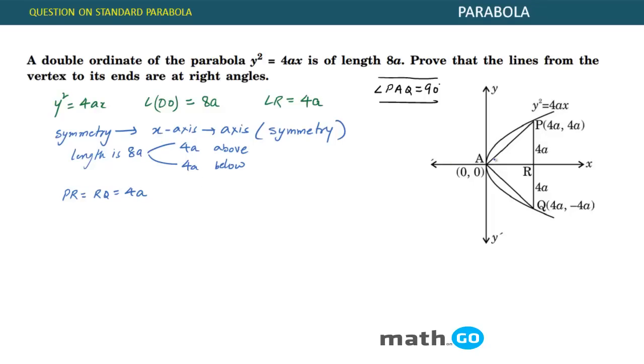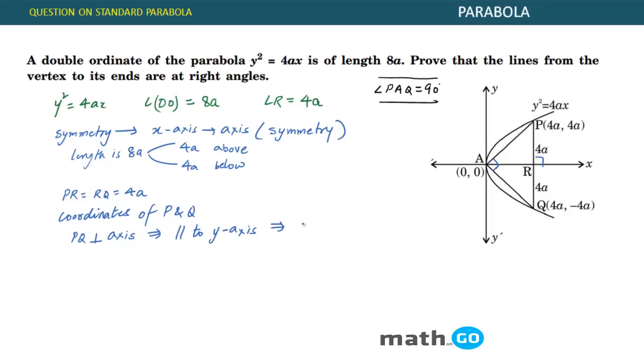Now you want to prove this angle is 90 degrees. So can you tell me the coordinates of P and Q? The target is to find the coordinates of P and Q. I'll tell you why I'm finding coordinates. Since this is a double ordinate, PQ is perpendicular to the axis, so this line is parallel to the y-axis.